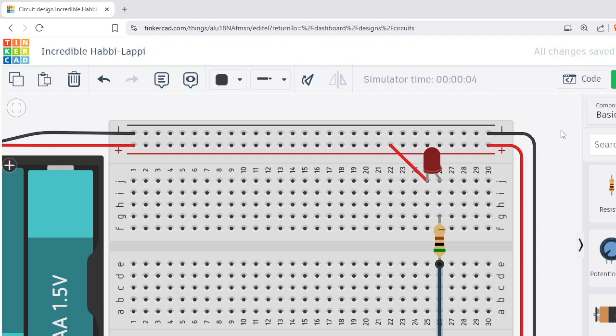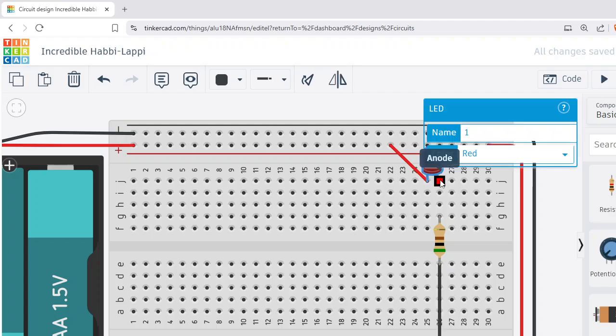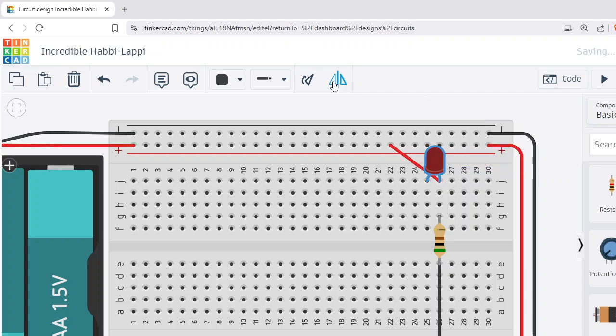So what about the LED? The cathode and anode are not properly aligned. They are actually upside down. So this is the anode, which is the positive side, and it is connected to the negative. So we need to reverse that. We can do it by reversing from here. It is now reversed. And let me just bring this to this side.